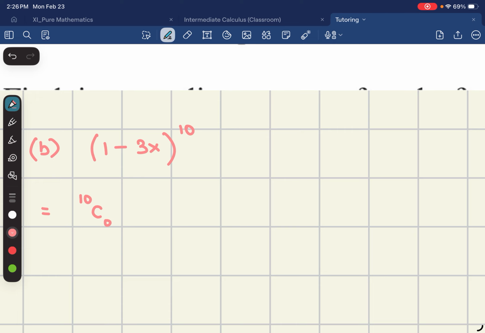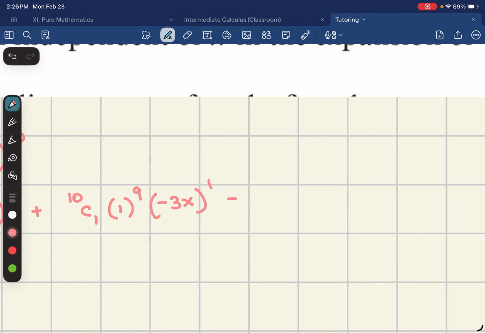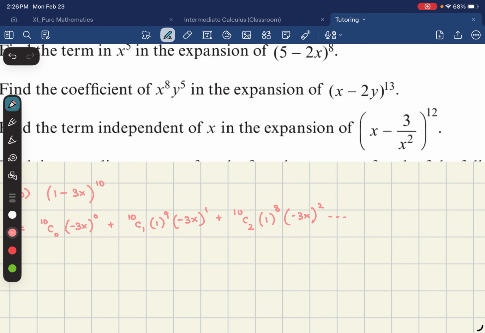And that is just 1, right? And then I'm going to have negative 3x to the power 0. And this is from the formula that we have been using before. Plus 10C1, 1 to the power 10 minus 1 is 9, minus 3x to the power 1. And finally, I have 10C2, 1 to the power 8, and then minus 3x to the power 2. On and on. Those are our first 3 terms.